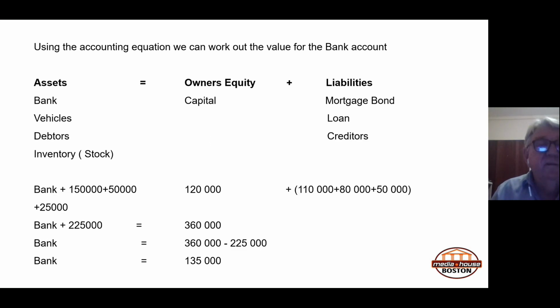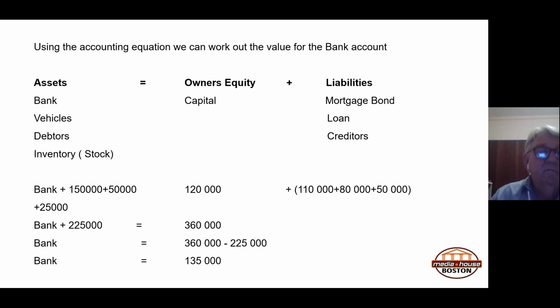We know assets is equal to owner's equity plus liabilities. So for assets, we've got the bank, the vehicles, debtors and our inventory. For owner's equity, we've got capital. And under liabilities, we've got the mortgage bond, the loan and the creditors. Now we'll do the maths.